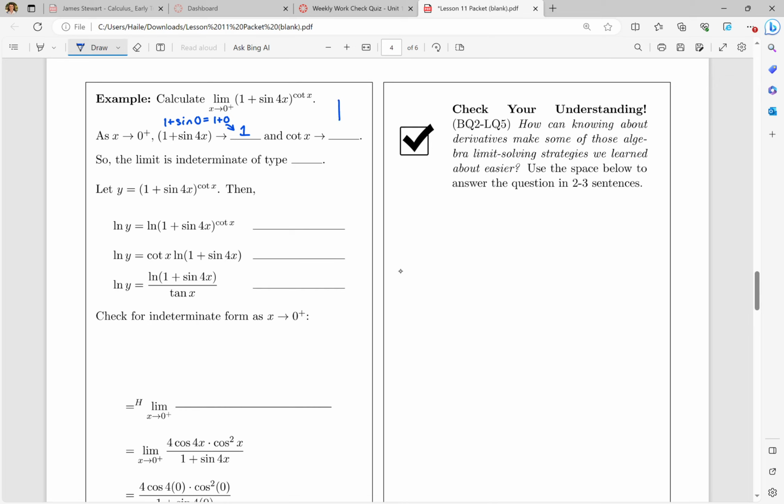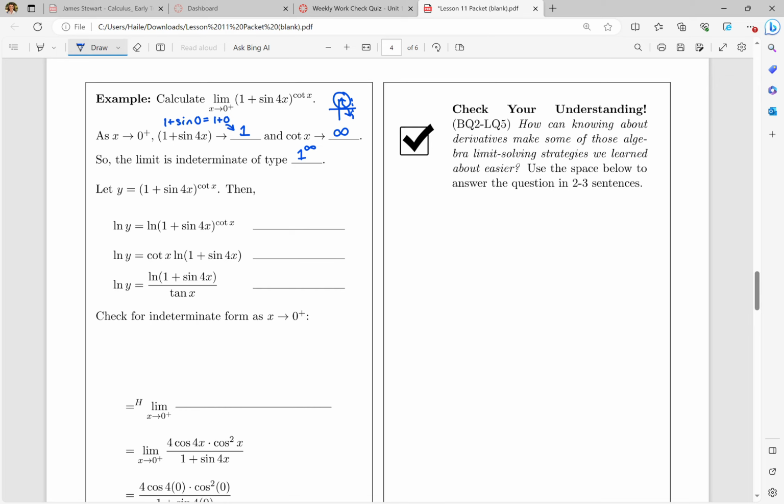If you remember your graph of cotangent, and we're approaching 0 from the right, it looks like a backwards tangent that's been shifted a little bit. So as we approach 0 from the right, cotangent of x is going to infinity. Okay, so the limit is indeterminate of type 1 to the infinity, and this is an indeterminate power.